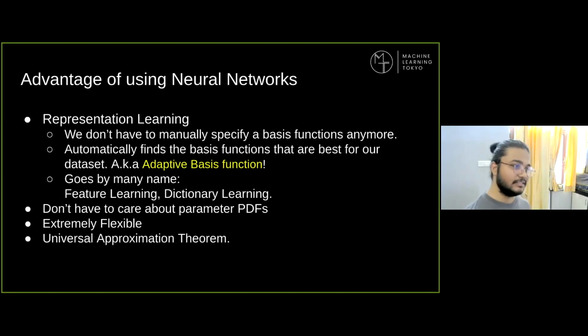The biggest advantage of neural networks, I think, is that they allow you to have adaptive basis functions, right? So the problem with what we have up till now, the problem of using polynomial regression and so on and so forth, is that we have to specify our basis function beforehand. So that basis function may not be useful in other data sets, right?